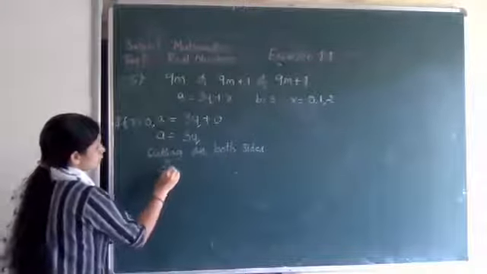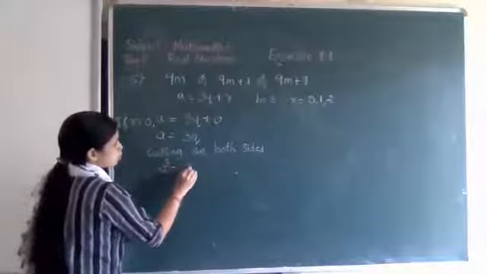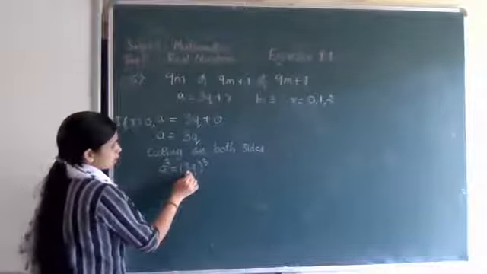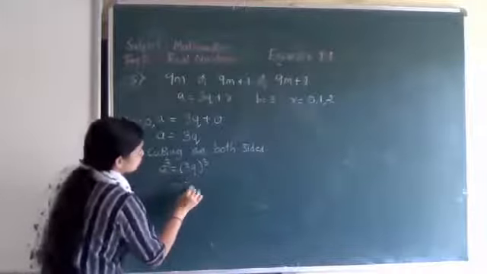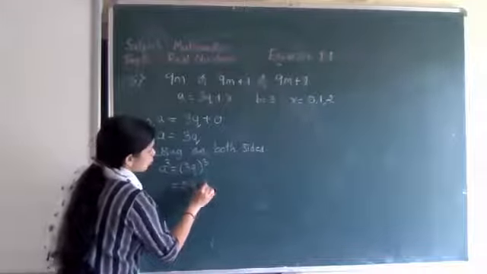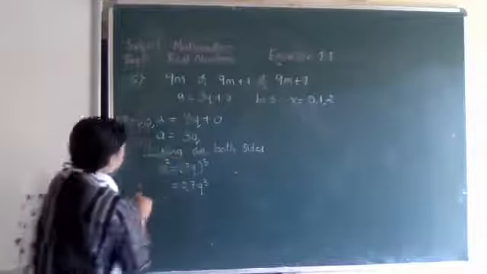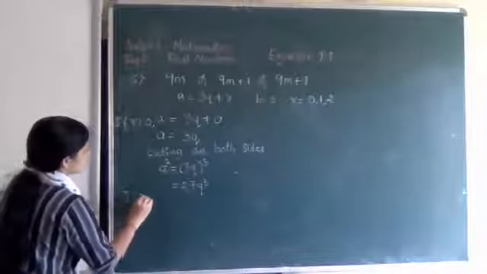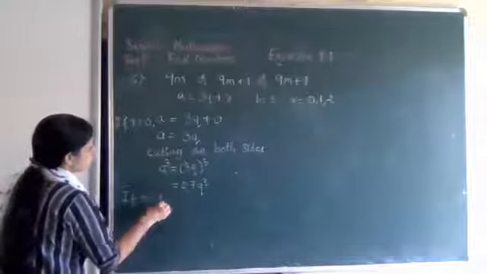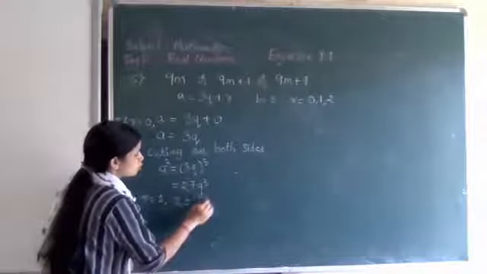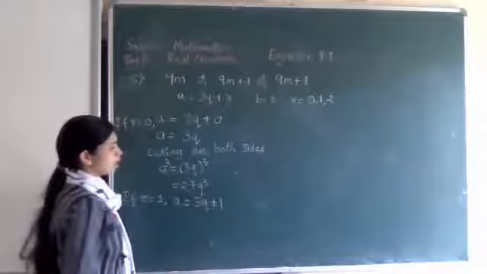A cube is equal to 3q whole cube. How much will you get? 3 into 3 into 3, 27q cube. If r is equal to 1, then how will you write? A is equal to 3q plus 1.